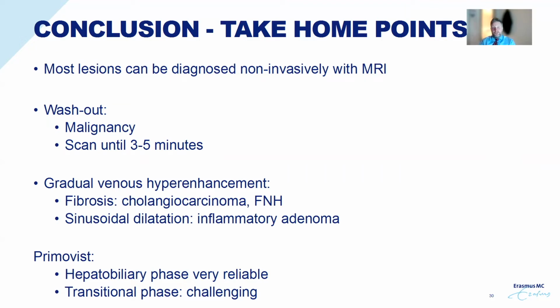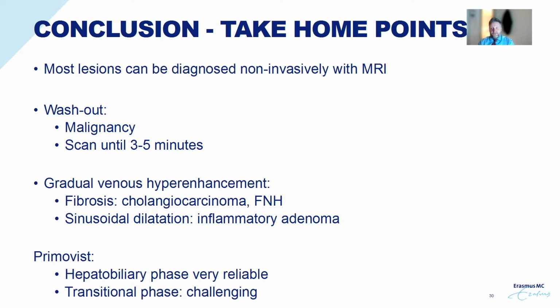So, as conclusion, I would like to remind you what we have tried to teach you in this session. First and most importantly, most liver tumors can be diagnosed non-invasively by a dedicated liver MRI approach. Washout is a typical sign of malignancy. Sometimes a delayed phase, 3 to 5 minutes, is needed. Gradual venous enhancement of the tumor is a typical sign of fibrosis or sinusoidal dilatation.